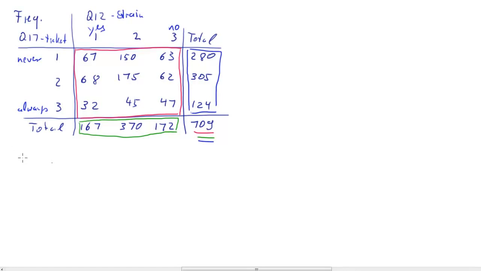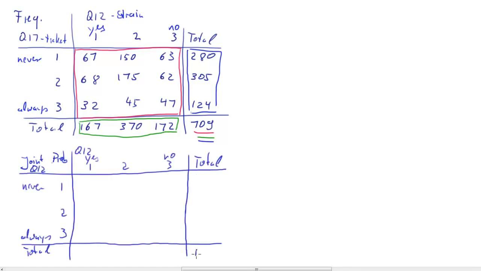So what we want to do is create a table with joint probabilities. So it has the same structure, and we know that in the bottom right corner we're going to have a 1, because we're going to get probability distributions, and all the values will add up to 1 here.